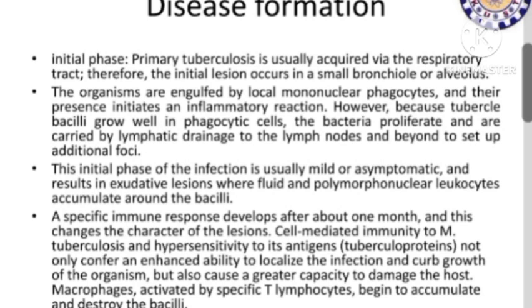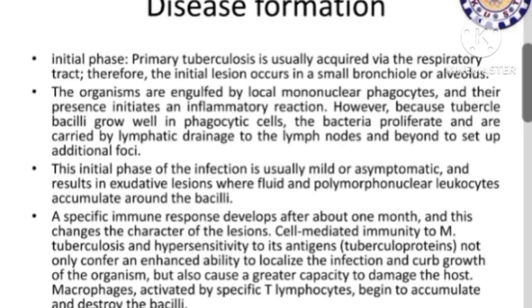The initial phase of the infection is usually mild or asymptomatic and results in an exudative lesion where fluid and polymorphonuclear leukocytes accumulate around the bacilli. The specific immune response develops after 1 month, and this changes the character of the lesion.